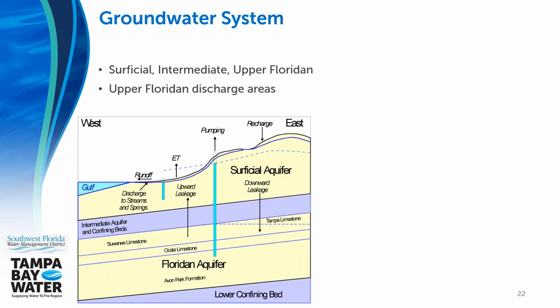There is significant downward leakage over most of the area, but closer to the Gulf of Mexico and Tampa Bay, where there are discharge points into major rivers, we see the Floridan discharge upward into those features.